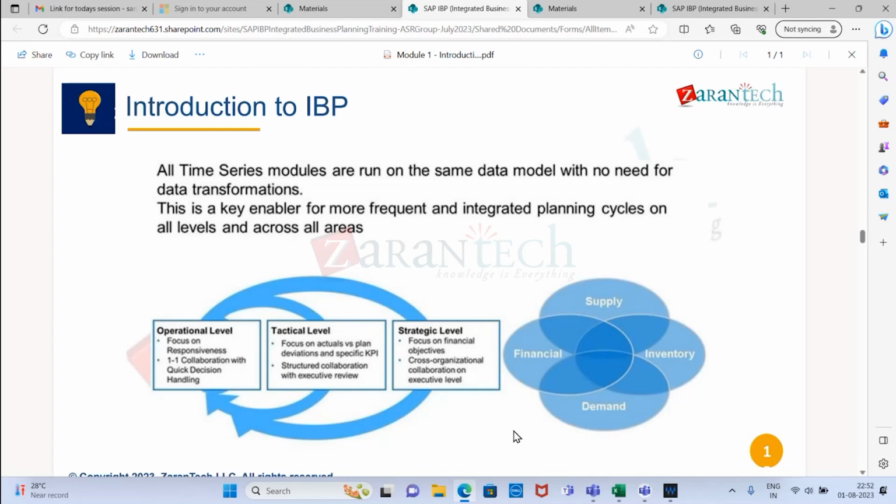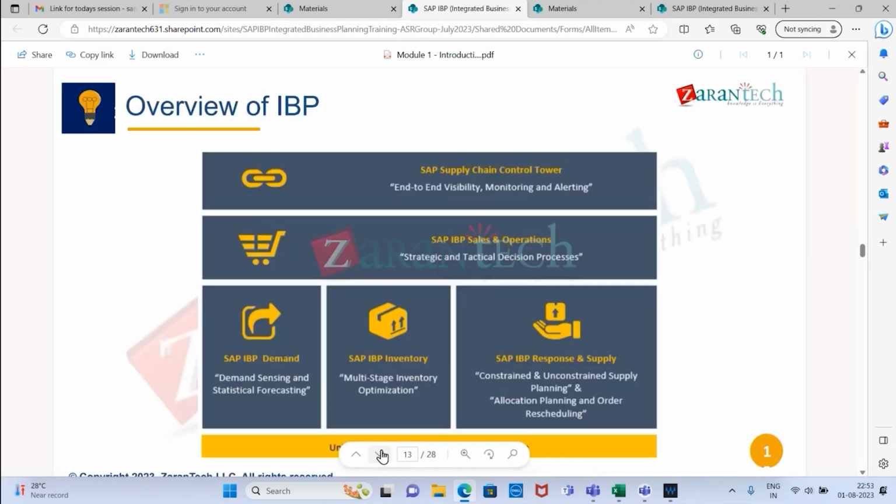They work in cross-organizational collaboration, and it is at the executive level, that is, at the middle management and the top management. So all in all, the operational level, tactical level, and strategic level teams are internally collaborating with each other to ensure that things are on track. We move on to the next one.